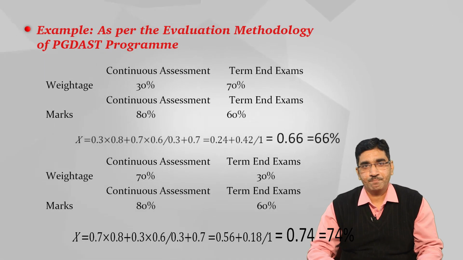Here you can see that in continuous assessment he secured 80% and the weightage is 70%, so his average marks are very near to 80%, the continuous assessment marks. That means where the weight is larger, the average marks will be nearer to that amount.